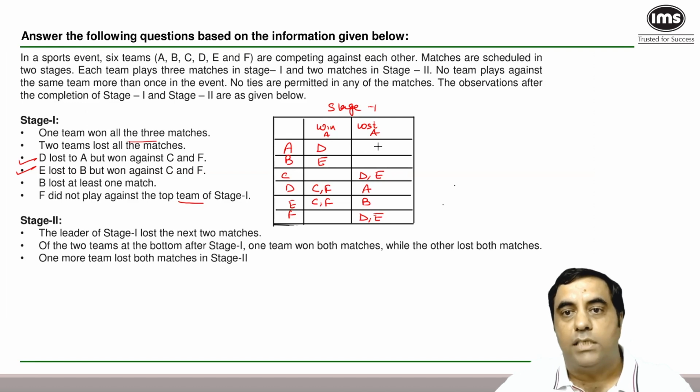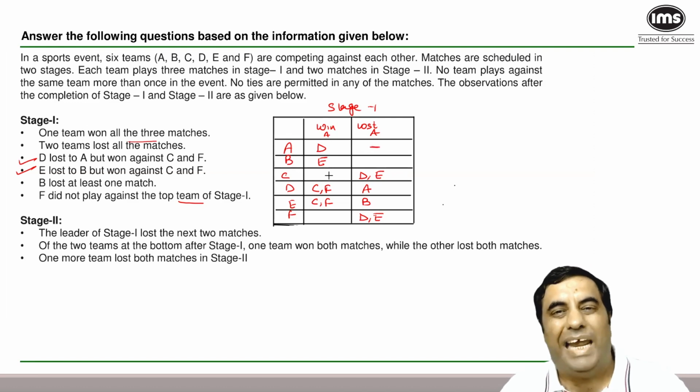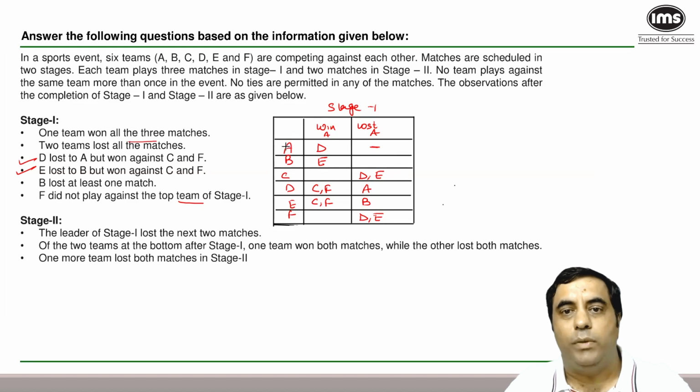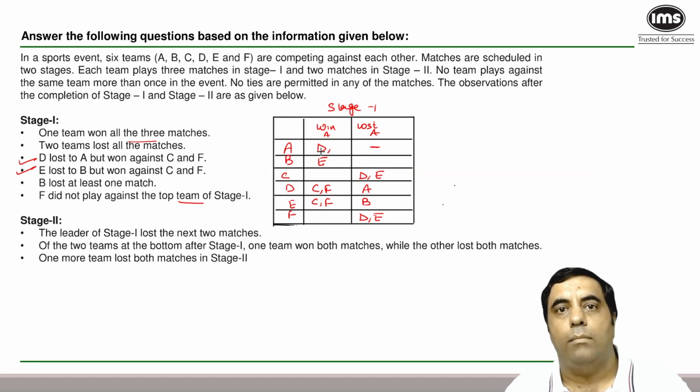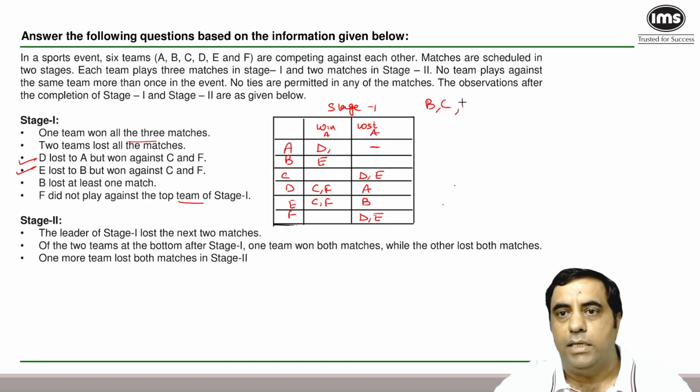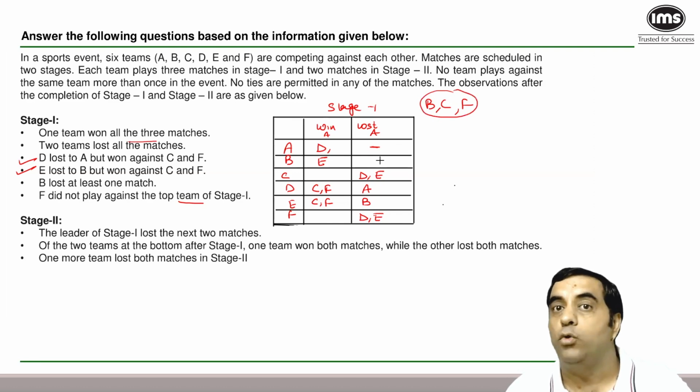So therefore, there is no loss for A in round 1. And now, since we need to identify the 2 other teams against whom A has played, for C and D, we know that for D and E, all the 3 matches are there, right? So now A has already played against D. Now the other teams with whom A can play are B, C and F. A has already played against D. So out of the 3 teams, A has to play against 2 in this round.